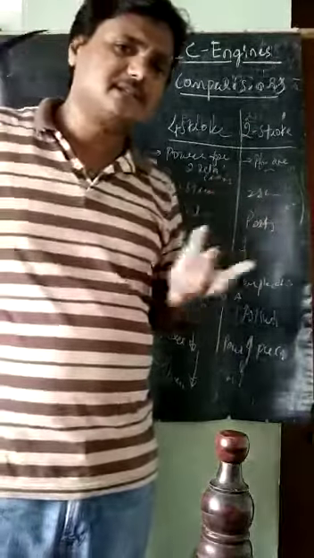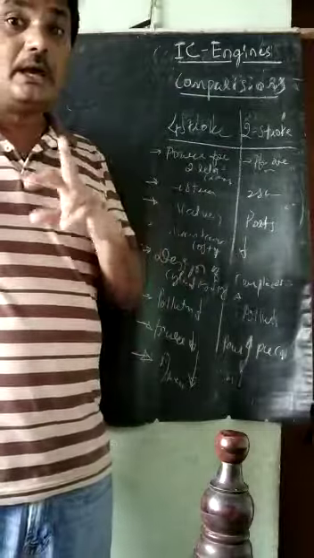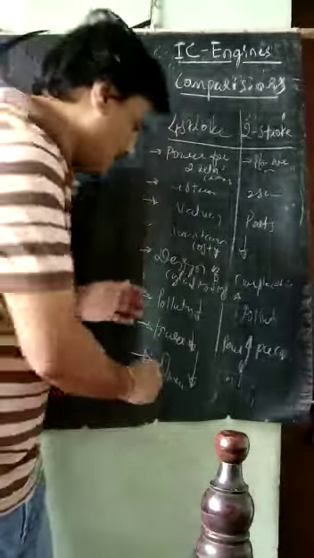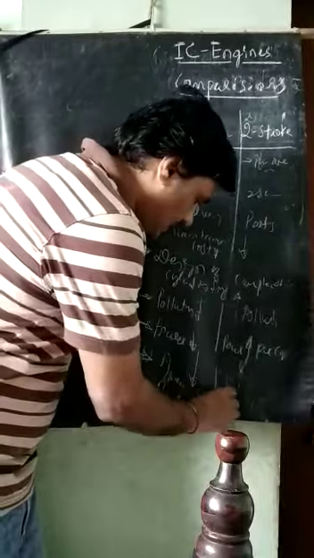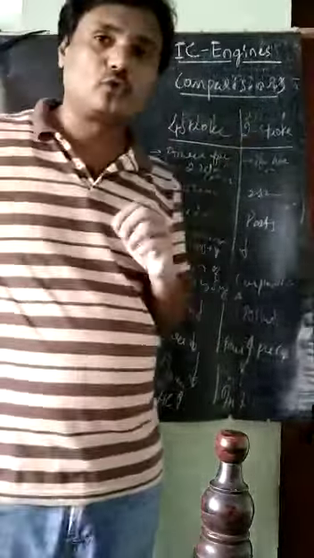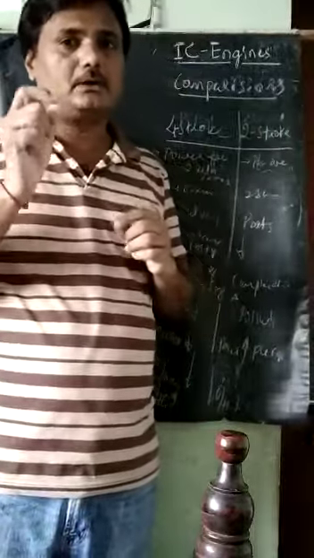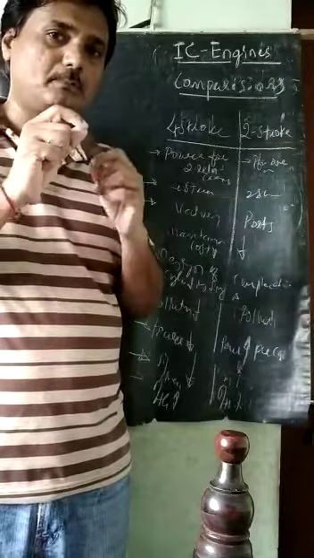And the thermal efficiency is usually very high in the 4 stroke, and less in the 2 stroke. Why? Because in the 2 stroke, some unused fuel particles are not burnt at all.